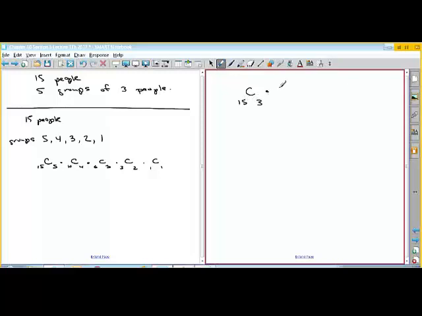Then once we pick that group of 3, we have 12 people left, and we're then choosing 3 more people out of that remaining group of 12, and then after you have taken 3 more people, you have 9 people to choose from for your next group of 3, and then you have 6 people left, and you pick a group of 3 from those, and finally you have 3 people left, and you just put them in the remaining group.